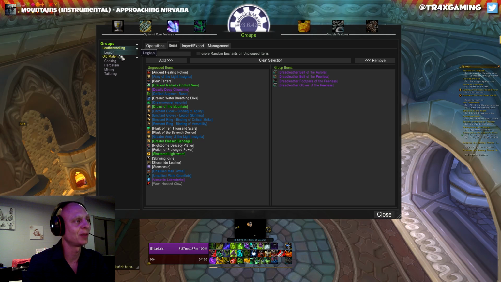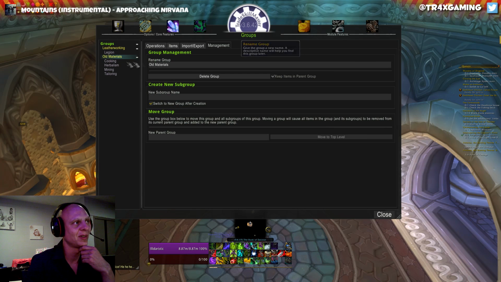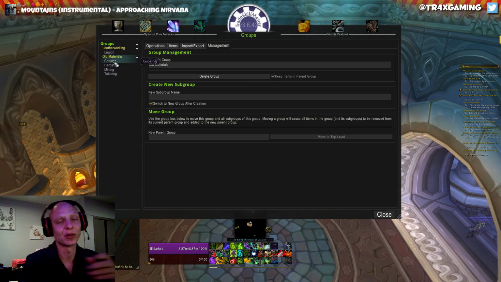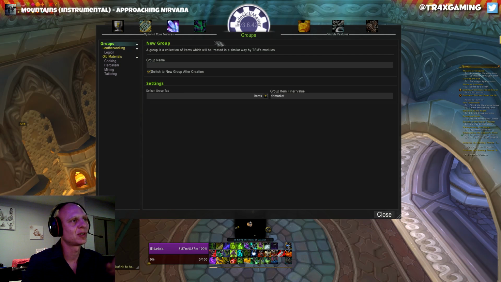So we have leatherworking and old materials. What I could do is change this name to just materials in management, and then put this in a subgroup for old materials. And I'm just going to add a group for Legion materials.